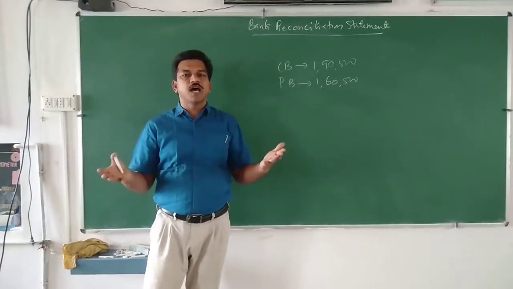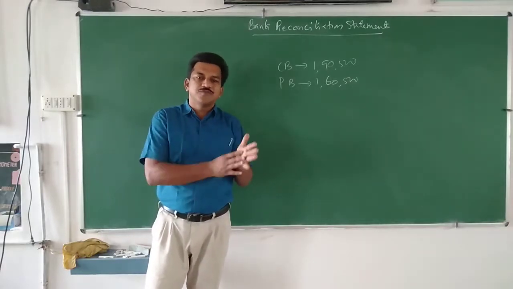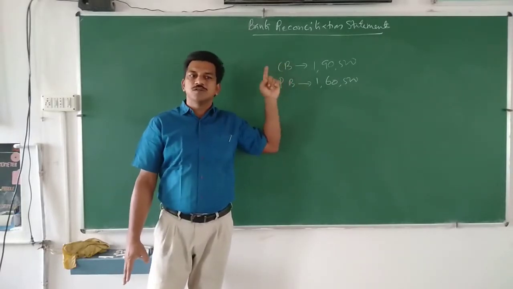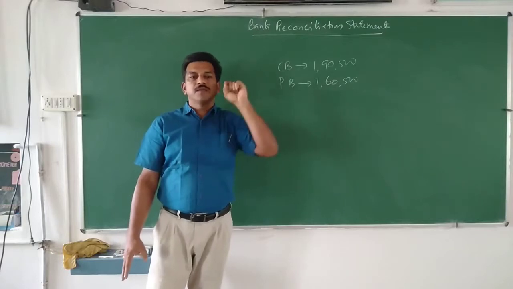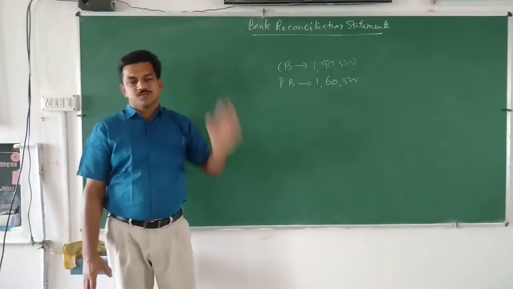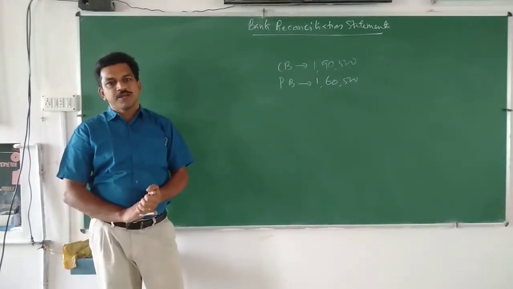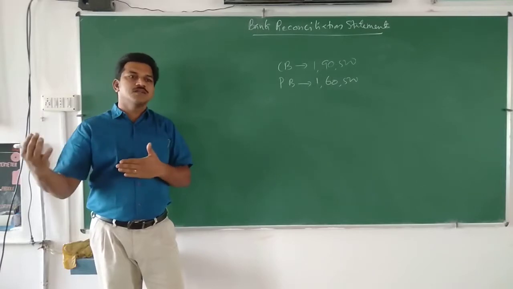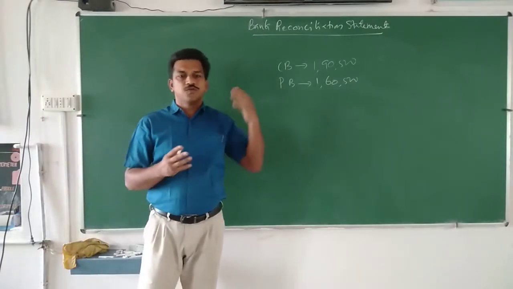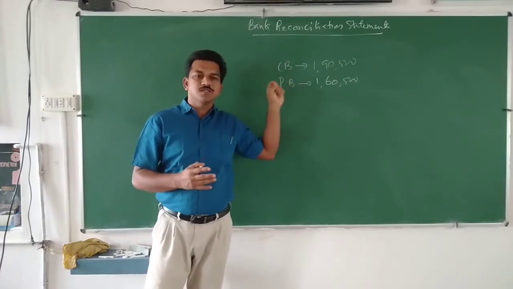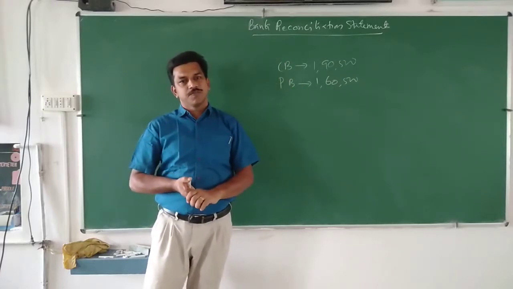So there may be chances of differences between the bank balance shown in the cash book which you have prepared and the bank passbook, which is the copy of the bank account. We will discuss the situations in which differences show up between the cash book balance and the passbook balance.